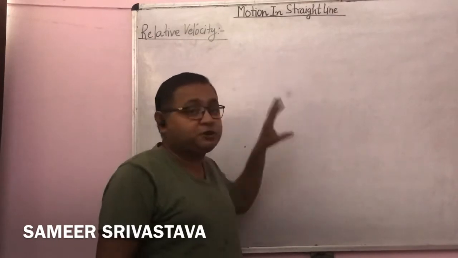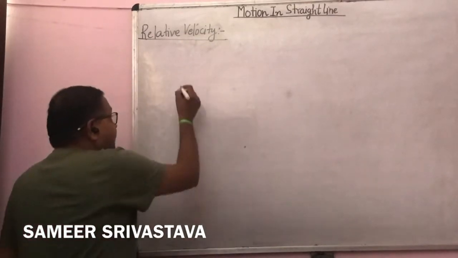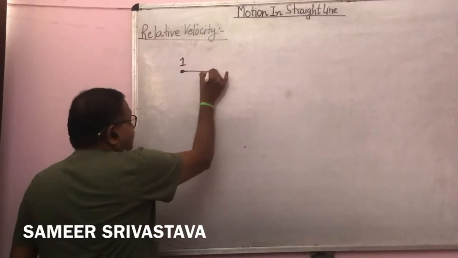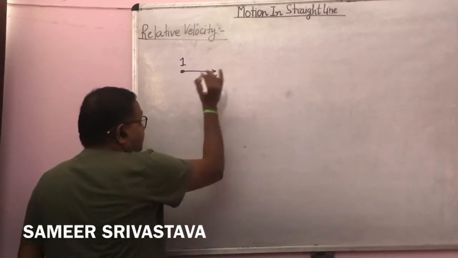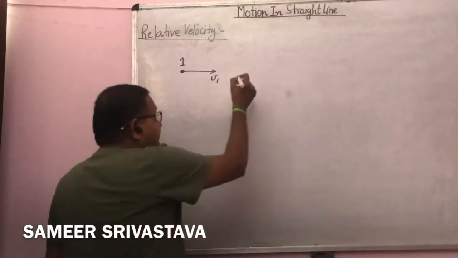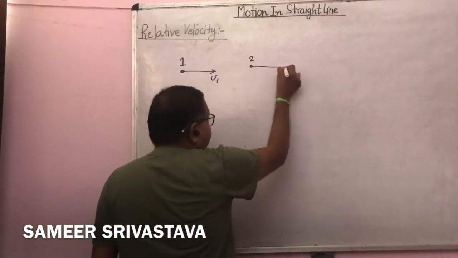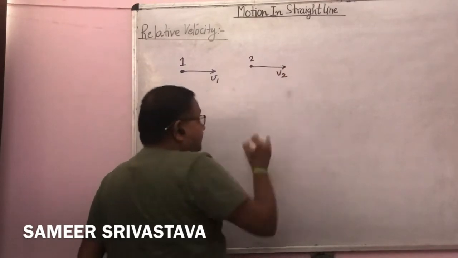What is the relative motion? Suppose we have an object 1 moving with constant velocity v1, and we also have an object 2 moving with constant velocity v2.